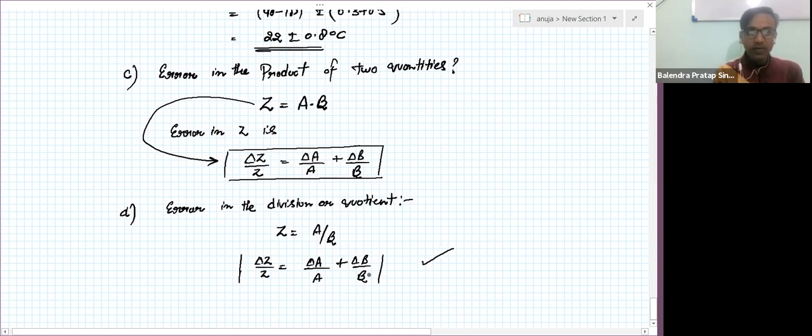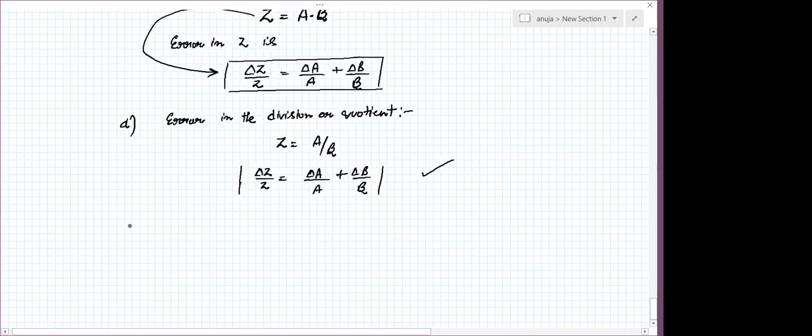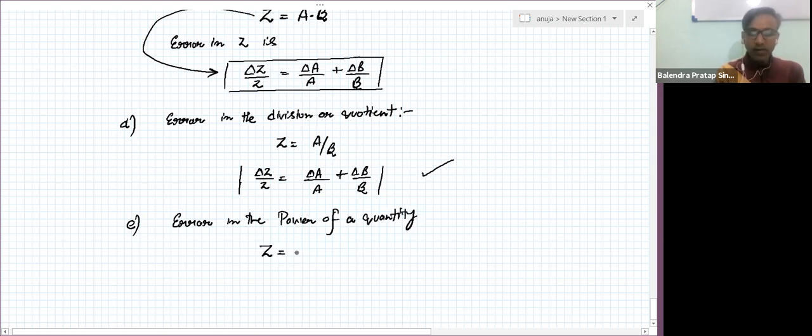Take a note of this formula. Yes, sir, done. Okay, next, E: error in the power of a quantity. Suppose Z has a value, Z is equal to A raised to the power n.